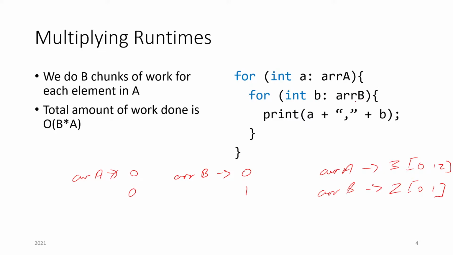So this innermost loop must run before the outermost loop iterates. The innermost loop must complete all its iterations before the outermost loop iterates by 1. Then we'll go to 1: 0, 1, then 2: 0, 1, and then we complete. And we see this is 1, 2, 3, 4, 5, 6 steps, which is basically if we took these two values and multiplied the two of them together.